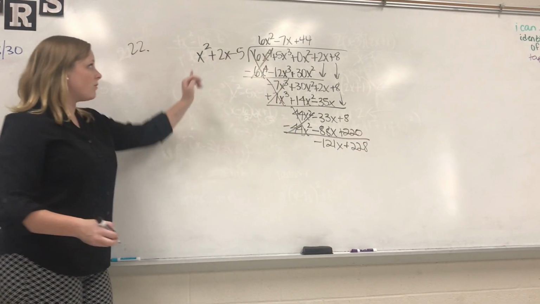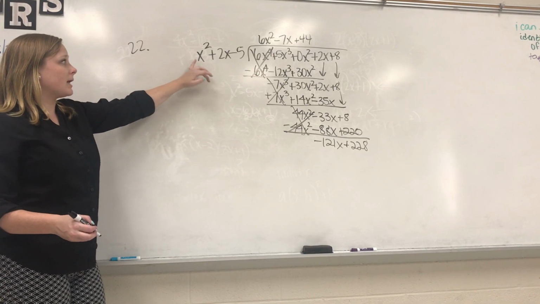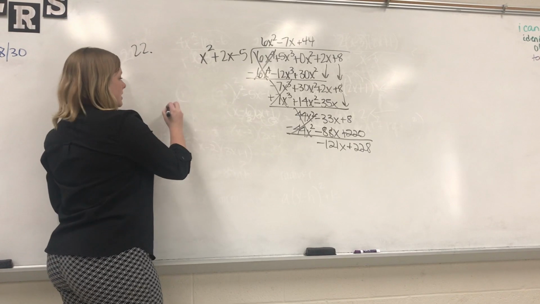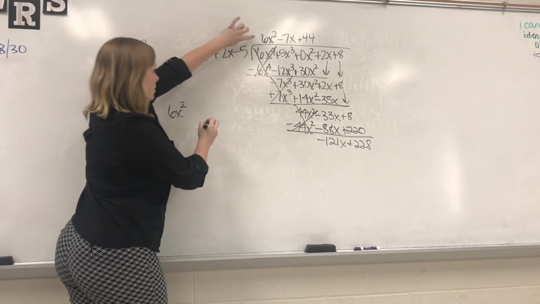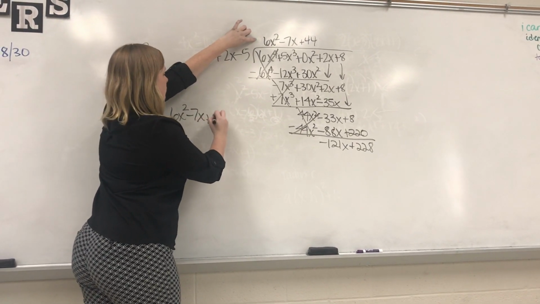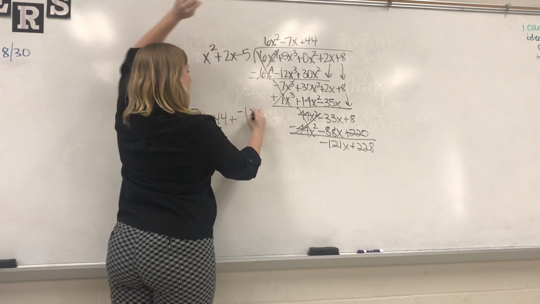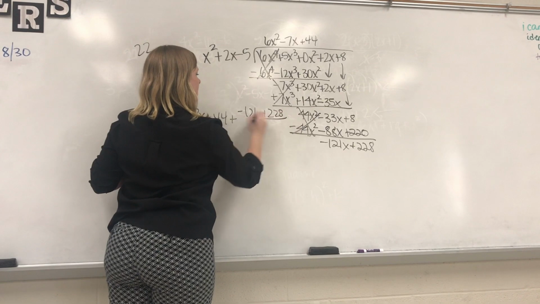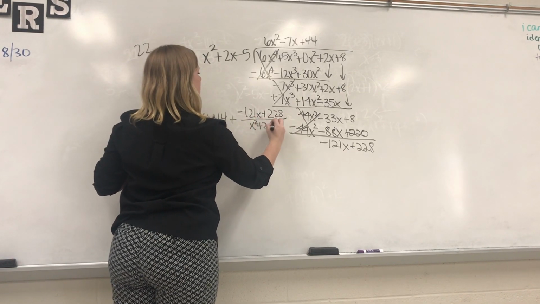Okay, I can't go any further because there's no number that I can multiply x squared by that will take me down to just x. So my answer is 6x squared minus 7x plus 44 plus my remainder divided by my divisor.